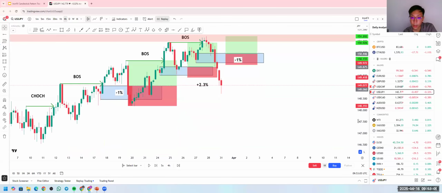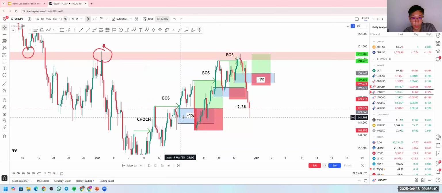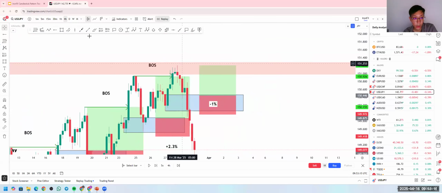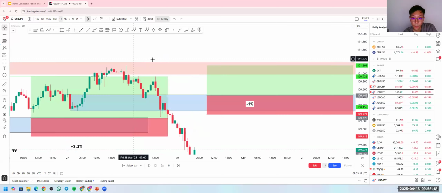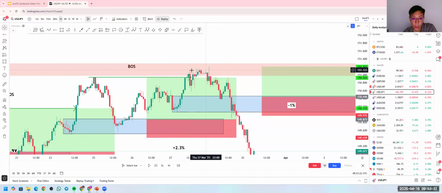So the answer is you can sell at major resistance, right? Because what we are looking at is that it has so many rejections. If I go to H1, you can see so many rejections over here.